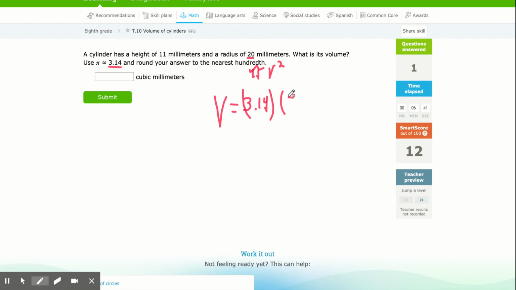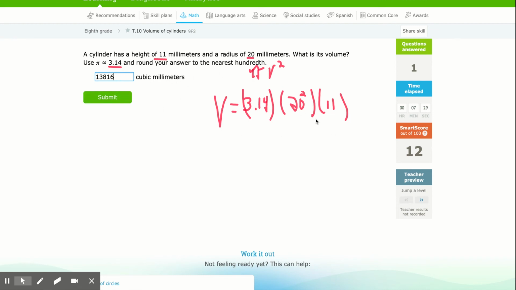So I multiply by 20 squared and then multiply by the height, which is 11 again. I multiply all those together, and the answer happens to be a nice whole number, 13,816. It says round to the nearest hundredth, but there was no decimal point, so I just leave it.